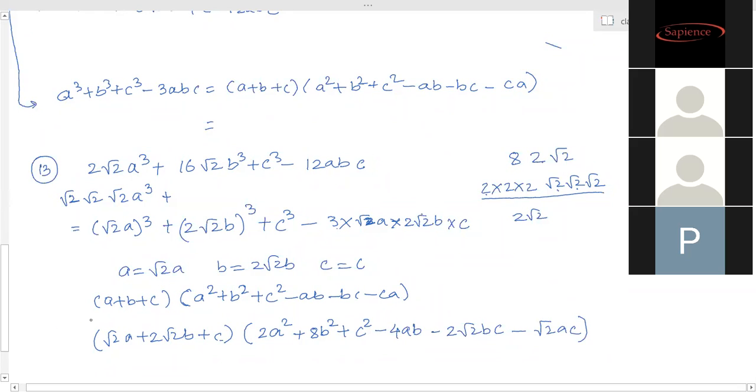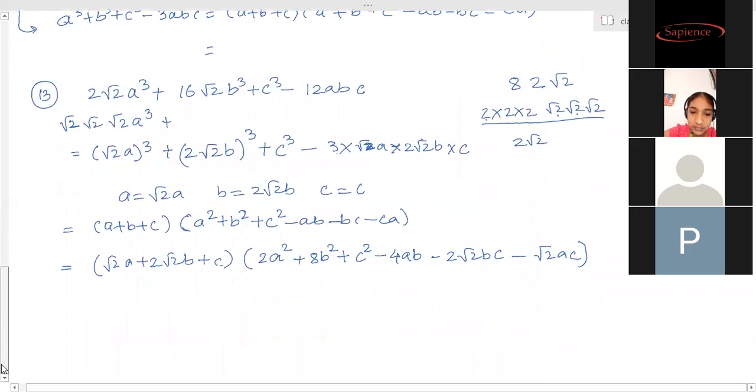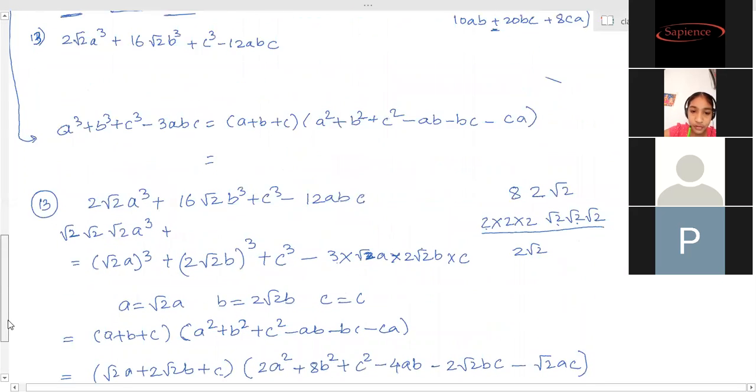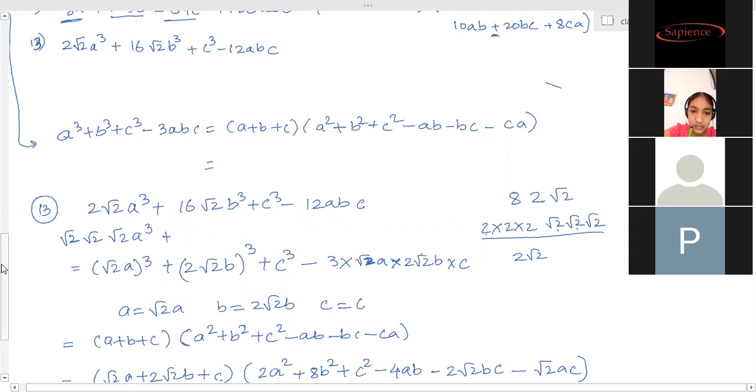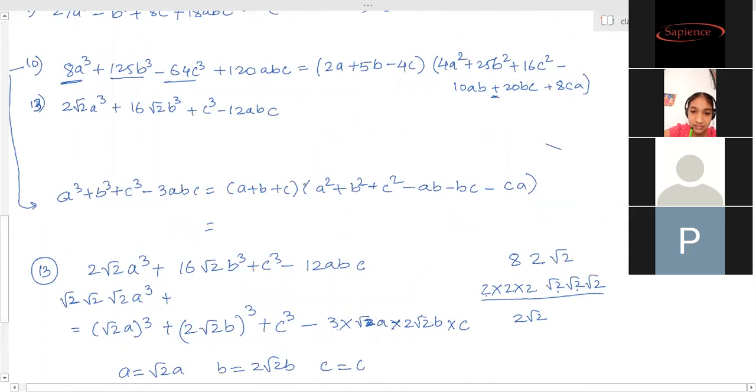Yes, ma'am. 64 is 4 cube. Okay, now you got it. So don't try to fool yourself. You're not fooling me, you're fooling yourself. Because I understand every student.